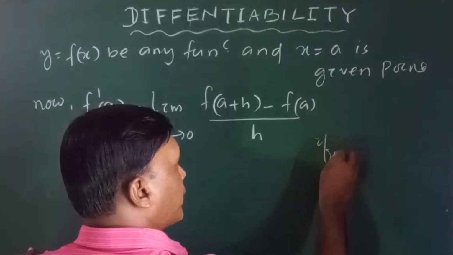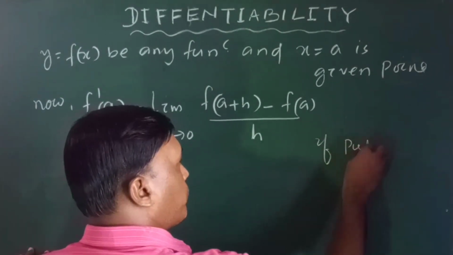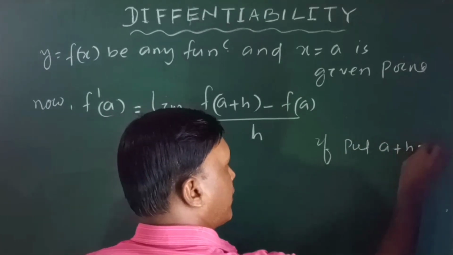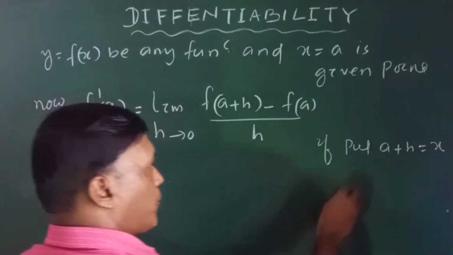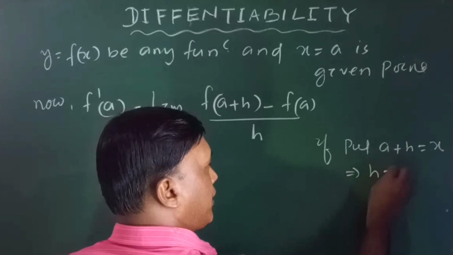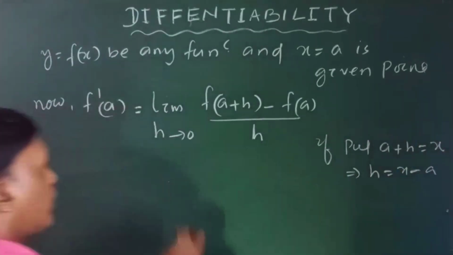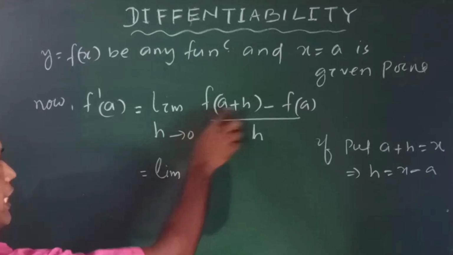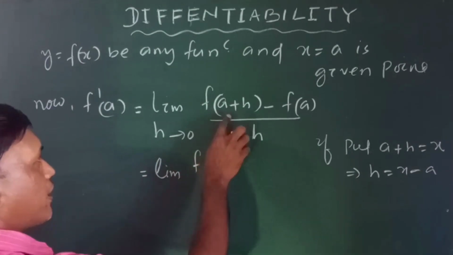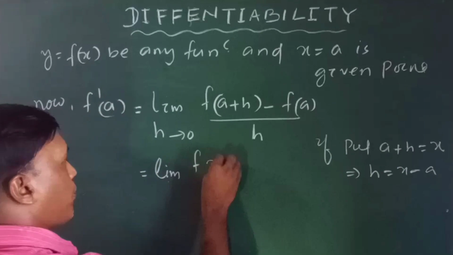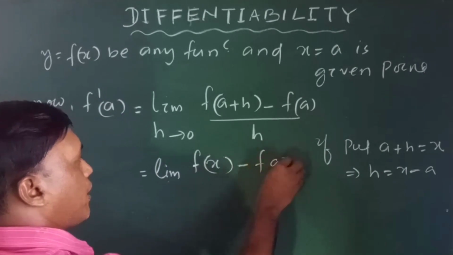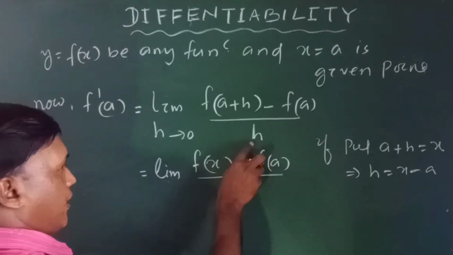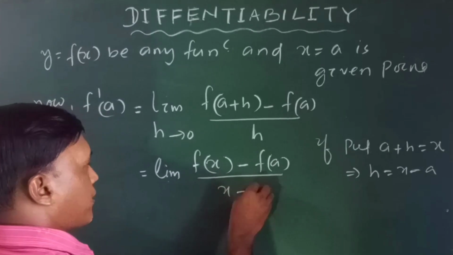If we put a plus h is equal to x, which implies h is equal to x minus a, then this is limit of f of a plus h, which is f of x, minus f of a, by h, which is x minus a.